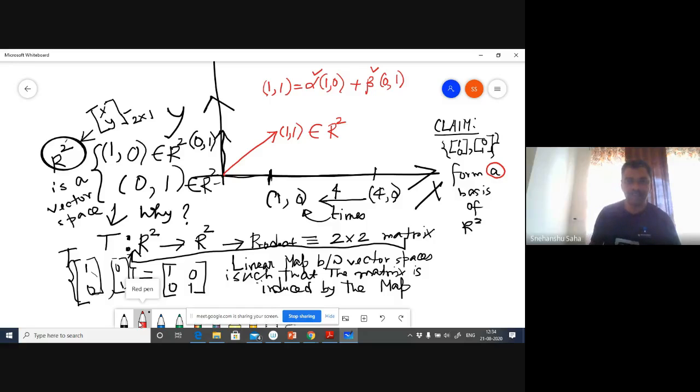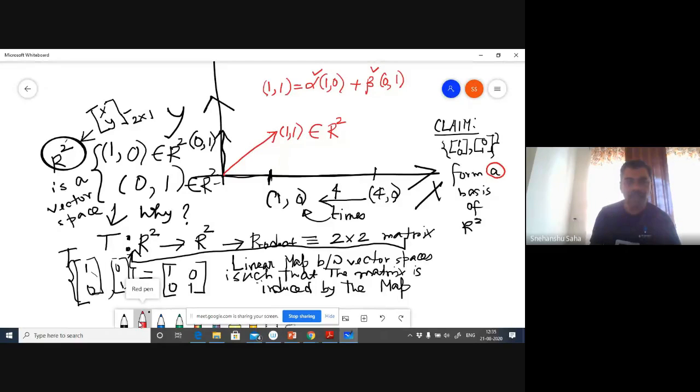In this case, it's really easy to figure out what they are: alpha is 1 and beta is also 1. But generally, what I want to say is that this 1, 1, which is another vector belonging to the same vector space, can be expressed as a linear combination of these two existing vectors, 1, 0 and 0, 1.